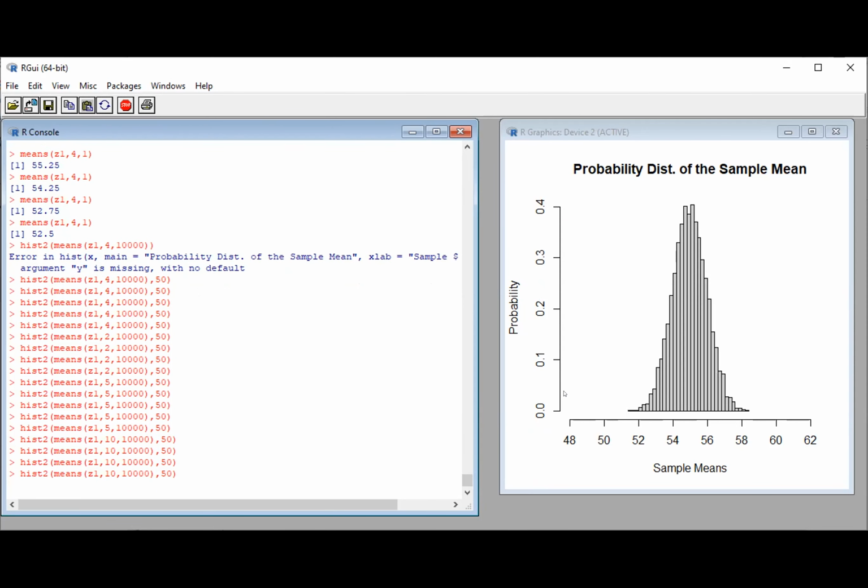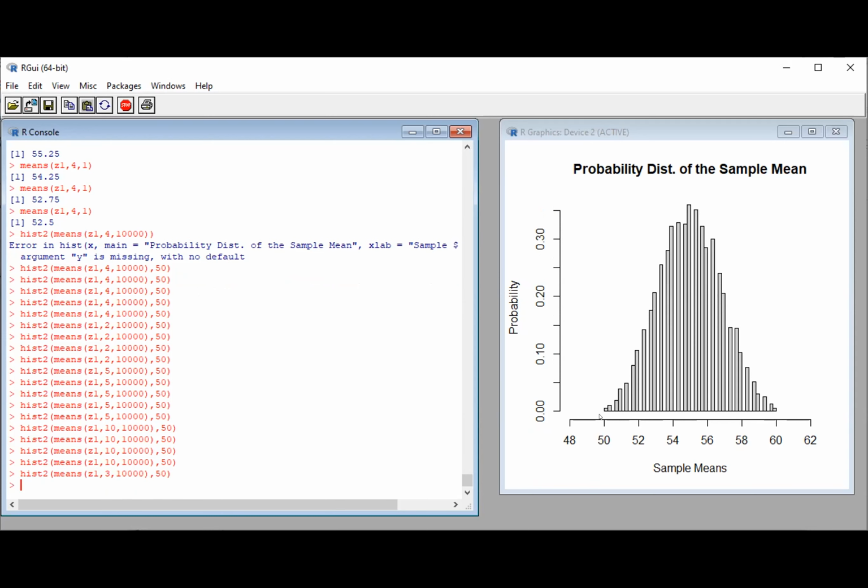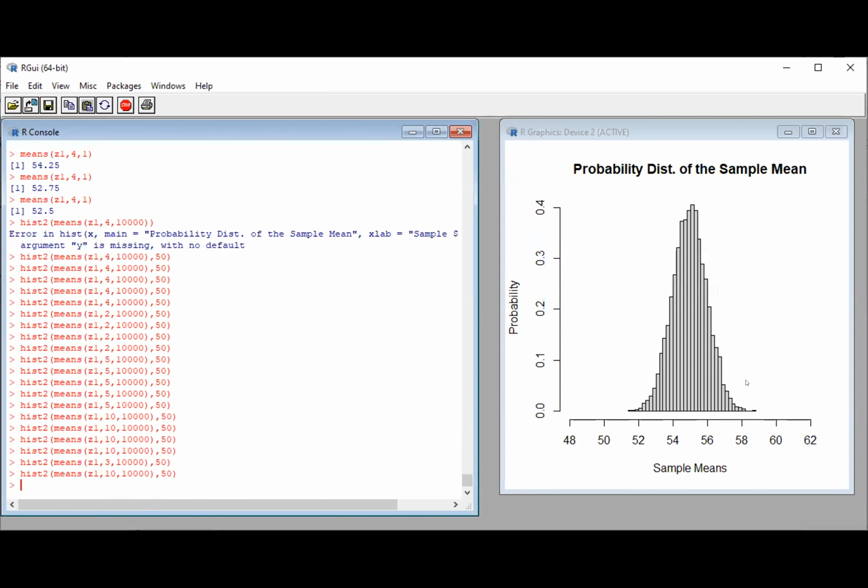And you can check one more thing. So let's say I pick a sample of size 3. You can see that it touches the boundaries between 50 and 60. It's spread more. But when I increase the sample size, let's say to 10, the spread has reduced.